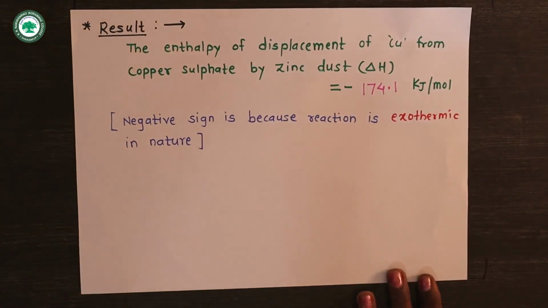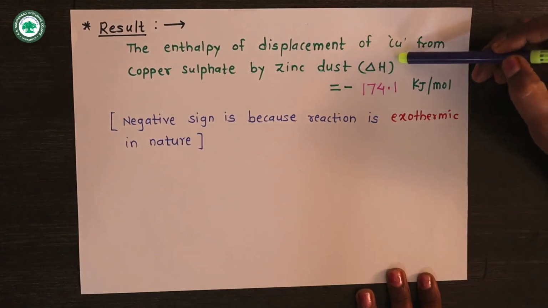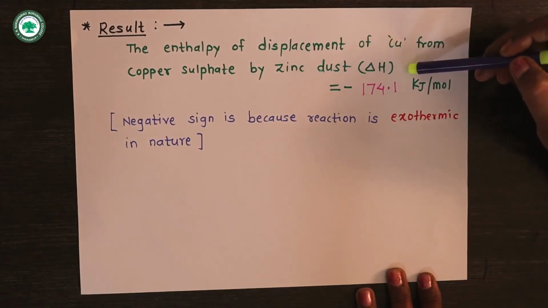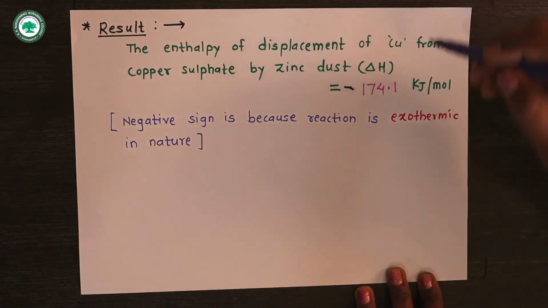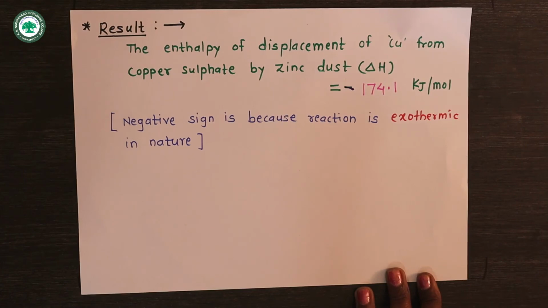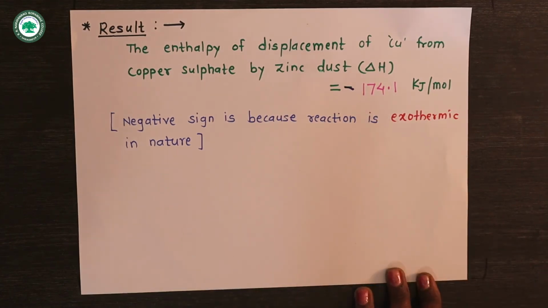The enthalpy of displacement of copper from copper sulfate solution by zinc dust, that is zinc metal, is given by delta H is equal to minus 174.1 kilojoule per mole. That is what we have calculated now. Now what does this minus sign indicate?